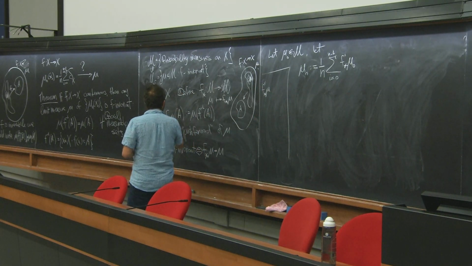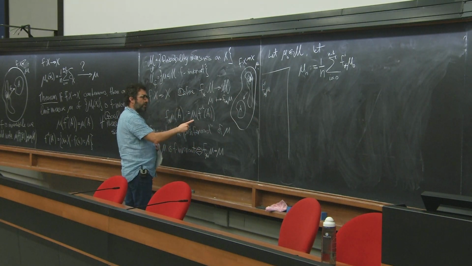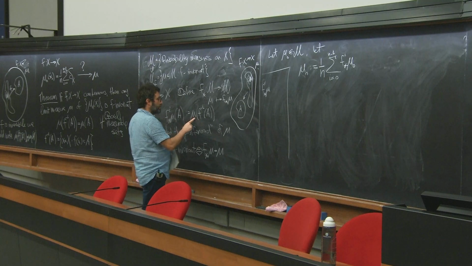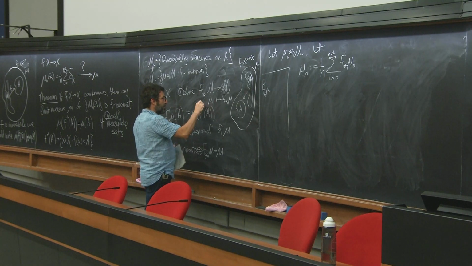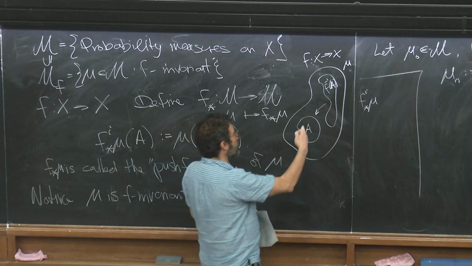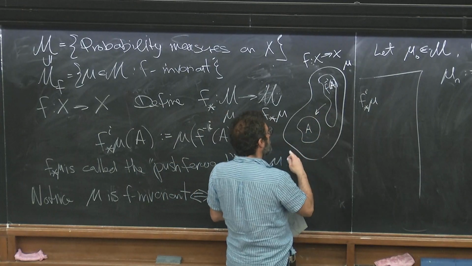And then you can define fi star of mu, right? And it's quite easy to see from this definition that in fact fi star mu of A is just equal to mu of f minus I of A, right? So you keep taking preimages. So you take the preimage of this, the preimage of this.